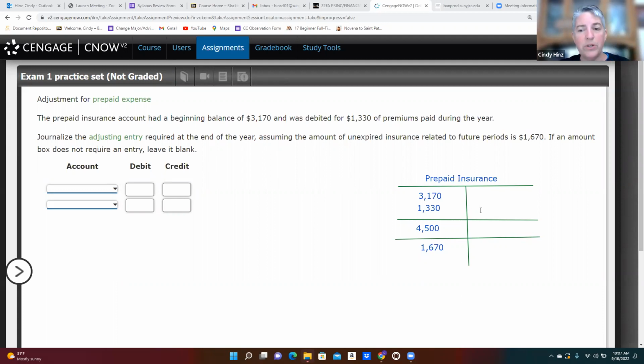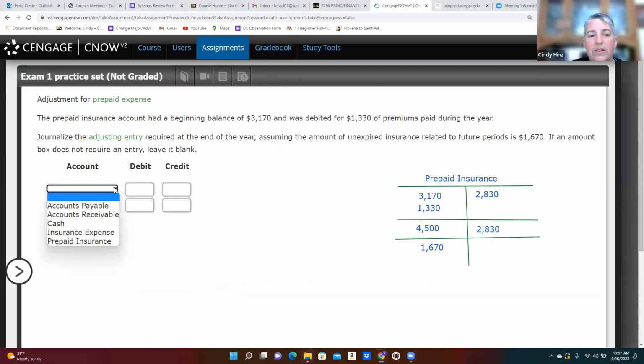And how much do we need to credit? The difference between these two numbers, the current balance of $4,500 and the target ending balance of $1,670, so we need to credit this account for $2,830. And that will be our adjusting entry, $2,830.